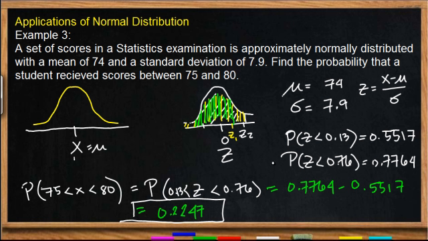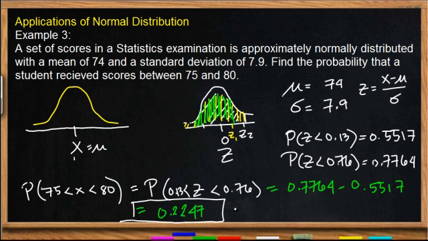And in that case, the formula is just x minus mu over sigma. So x is our value, with mu and sigma, so that is x minus mu over sigma, which gives 0.5517. Once we get it, we then use the table. Once we get the value of z, we use the table to solve the probabilities. Since it is in between, the probability that z is less than 0.76 minus the probability that z is less than 0.13.